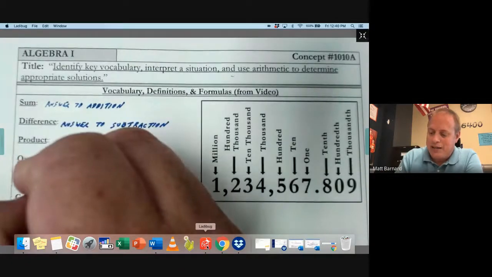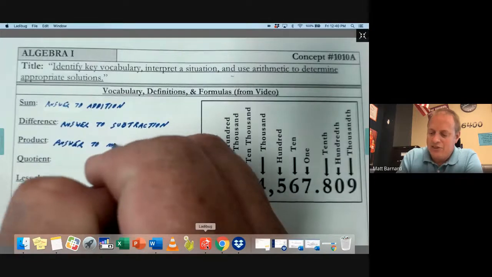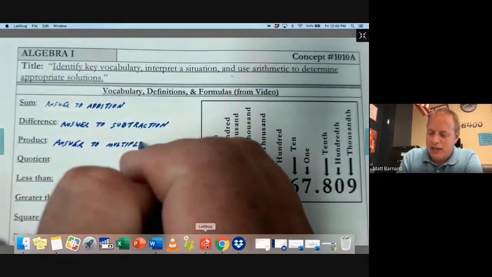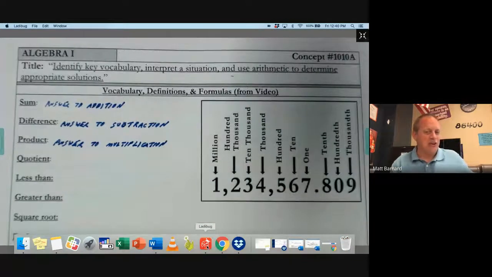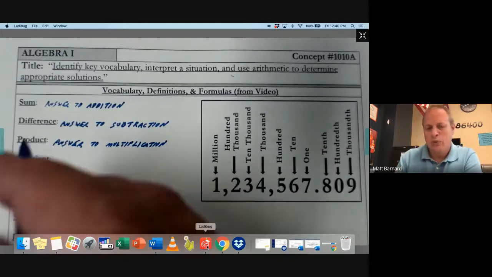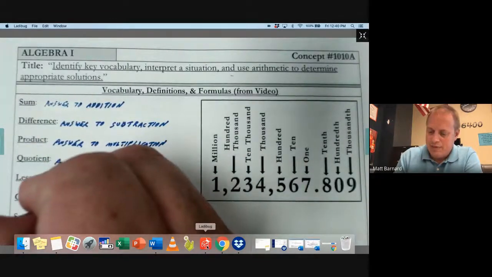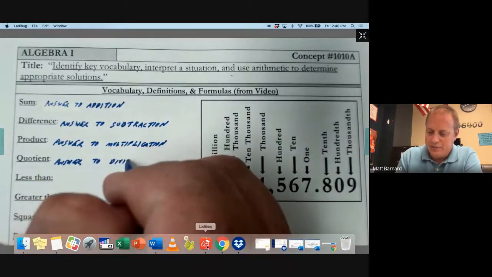Now, product is the answer to multiplication. And since there are four basic operations as far as math goes, we have addition, subtraction, multiplication, and division. Quotient then is the answer to division.